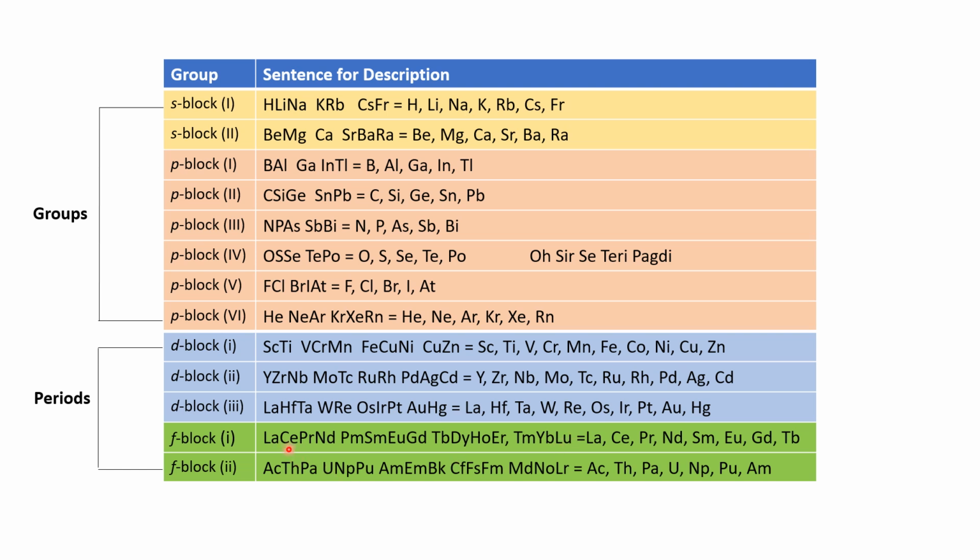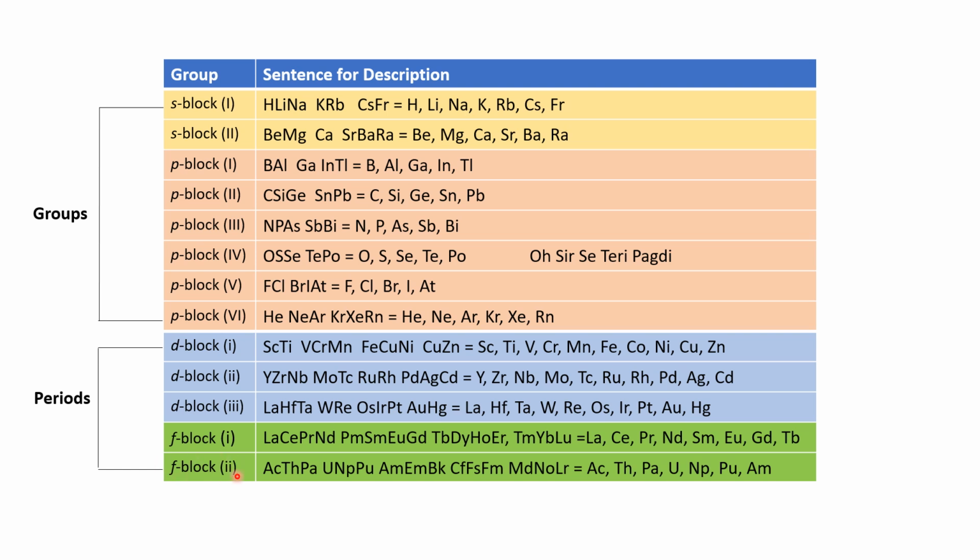Like for this Lashiparna, lanthanum, cerium, then praseodymium, then neodymium, then promethium, then samarium, then europium, gadolinium, terbium, like that. All these elements will be represented.